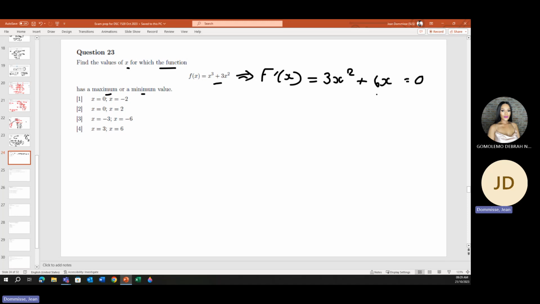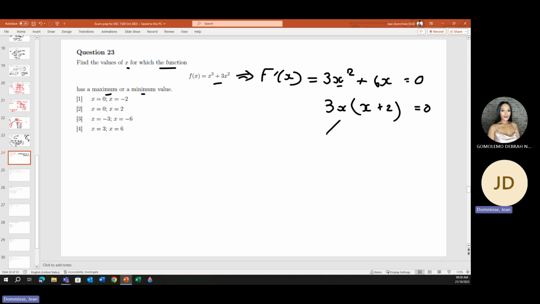So we see that in both of these, there's a 3x that you can take out. Then what's left in the first term is x. What's left in the second term is plus 2. So just checking it, if we multiply, 3x times x will give you a 3x squared. 3x times 2 will give us the 6x.